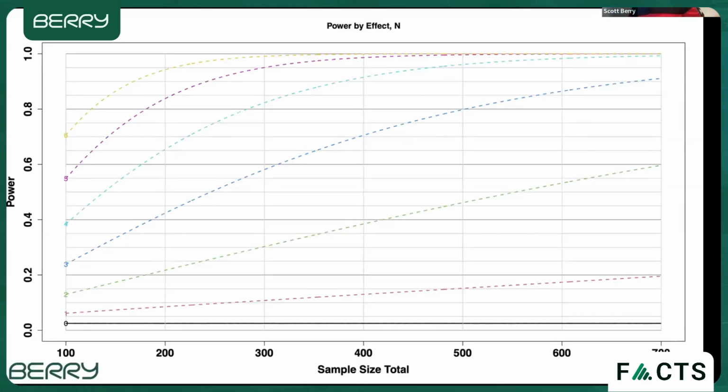So my response would be that, yes, with an effect of 4, I'm 82% powered for a sample size of 300. But now I see, by the way, if my effect is 3, my power is 0.6. You don't get that if the answer is 300. And what do I need to be powered on that kind of thing? So you get to envision and compare designs.